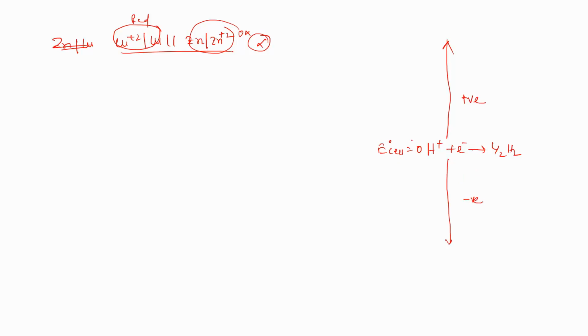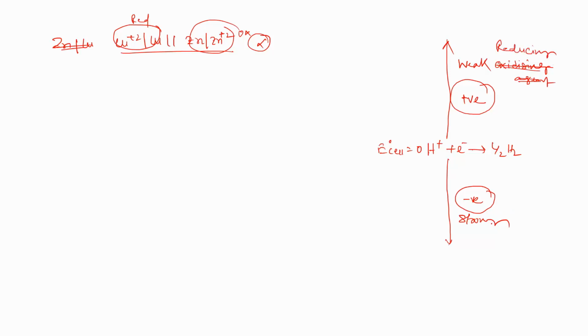What does a positive reduction potential value mean, and what does a negative reduction potential value mean? This is a very important thing. When an electrochemical cell shows a positive reduction potential value, it is a weak reducing agent.